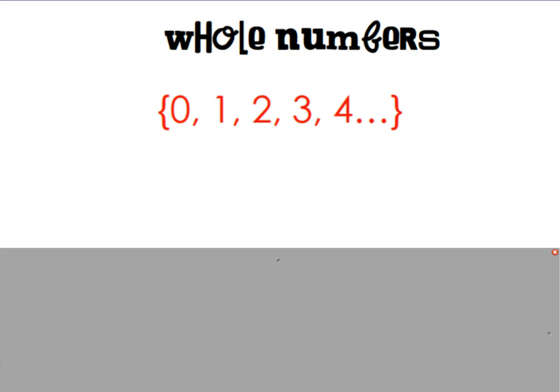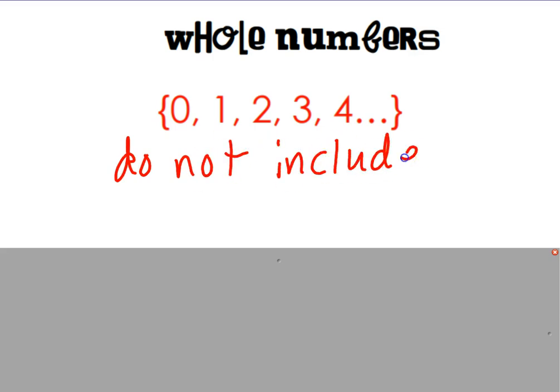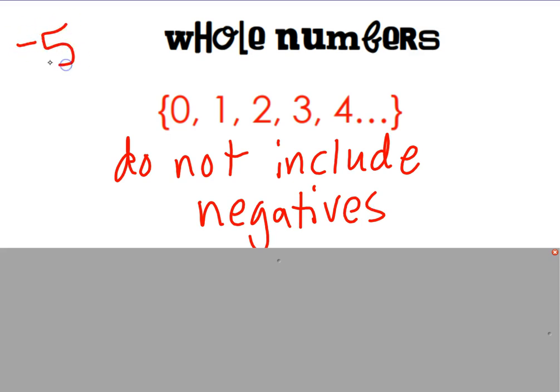So here's an example. -5 is the opposite of a whole number, but it's not a whole number because it's negative.